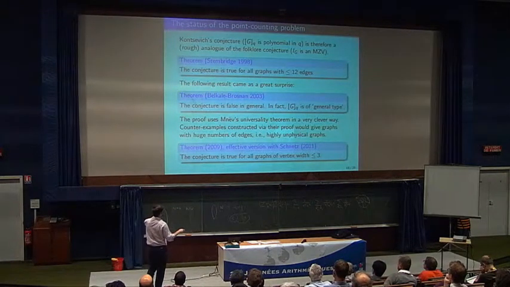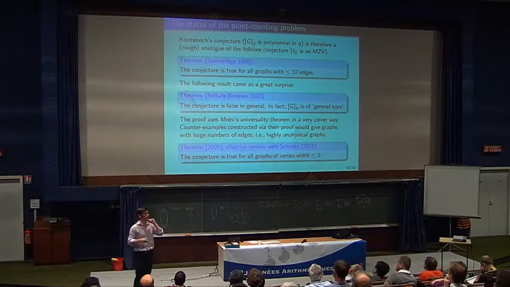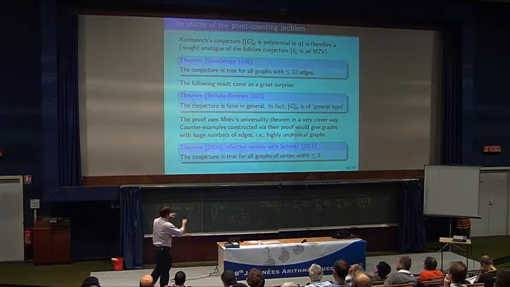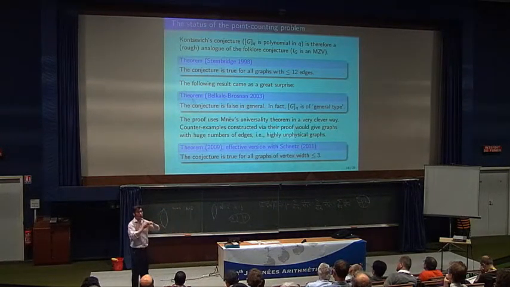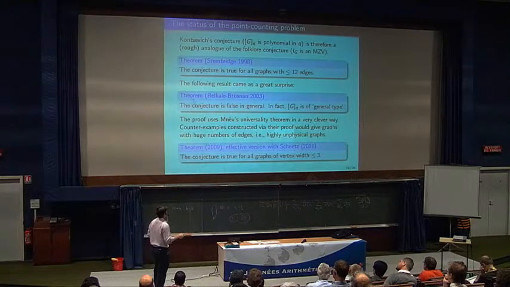And their method produces graphs with enormous numbers of edges, typically tens of thousands. And in fact, the way they do it basically gives graphs with vertices of enormous valency, which are therefore extremely unphysical.